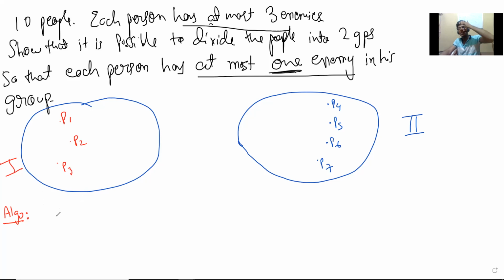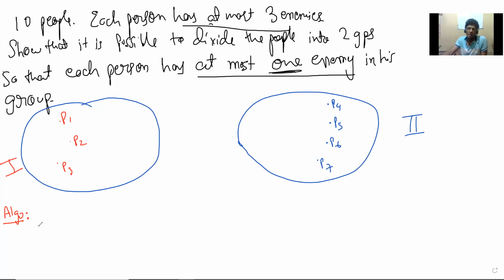If someone has more than one enemy in their group, then they move to the other group. Okay, this one, because the one before that clearly did not work. We even saw that it cannot work. The one that I suggested initially, we saw that it doesn't work. But this one is a better algorithm.